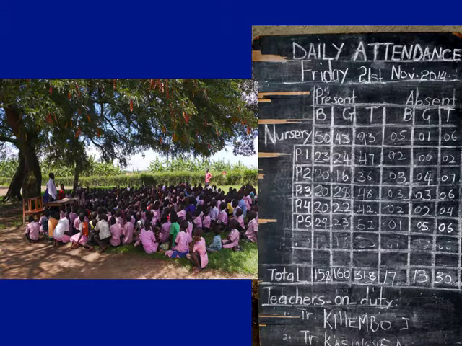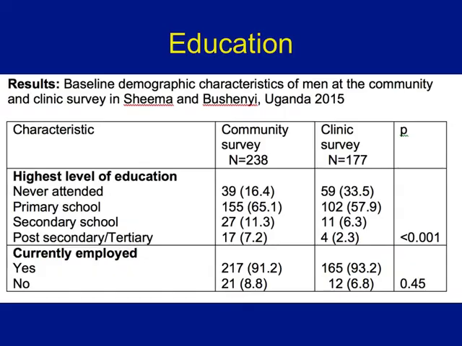What about education? This is from Andrew's trip last November. He was visiting one of the local schools, and here's classes going on outside underneath one of the trees. In the clinic, about 1/3 of people have never attended school, and about 60-ish% have had just the first few years of primary education.